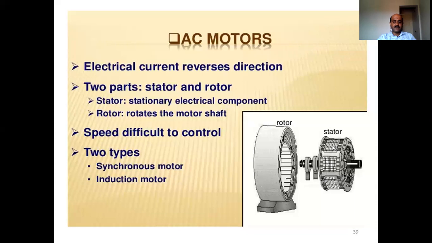The stator is the stationary electrical component, whereas the rotor rotates the motor shaft. As the current passes through this coil which is mounted on the stator, it starts creating the magnetic field and creates a turning effect which causes the rotor to rotate. The same principle applies for AC motors also.